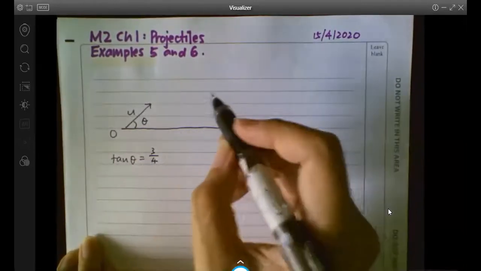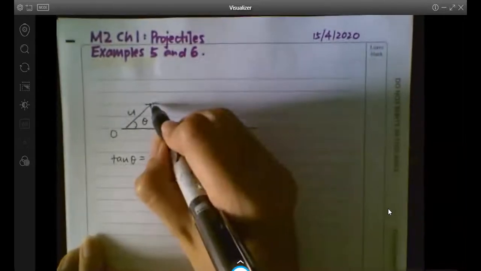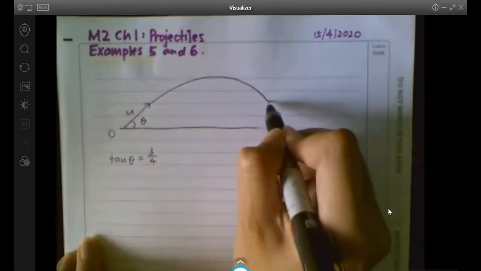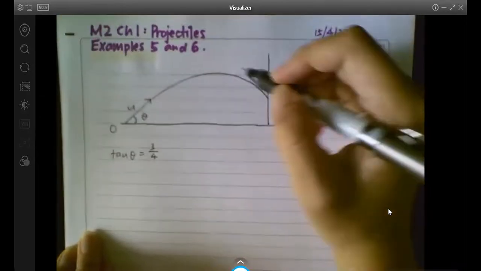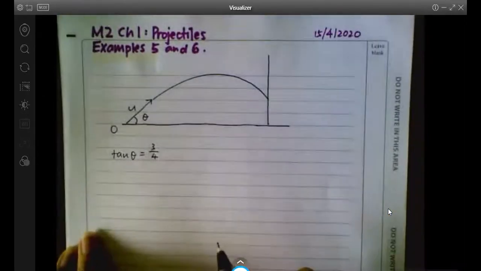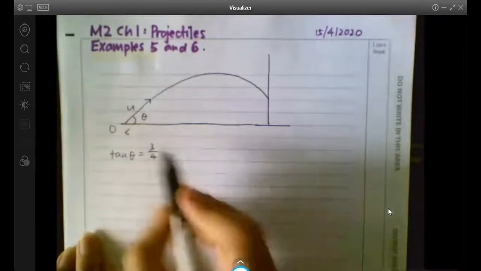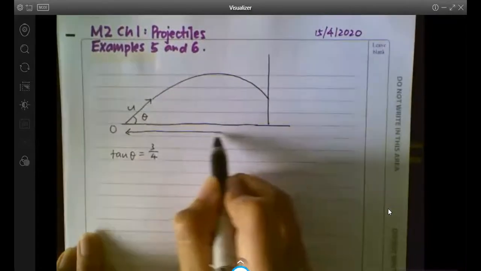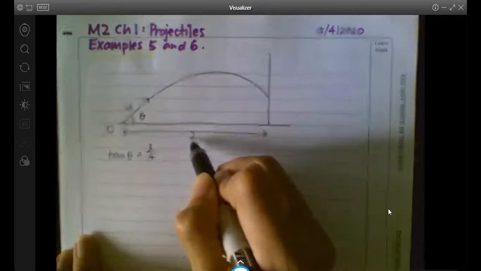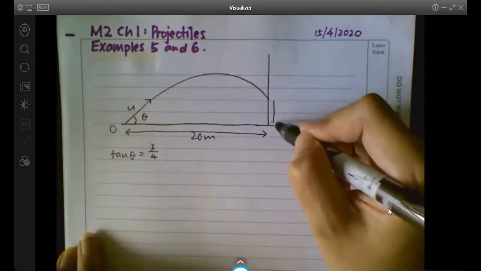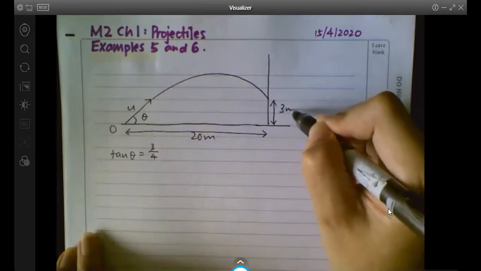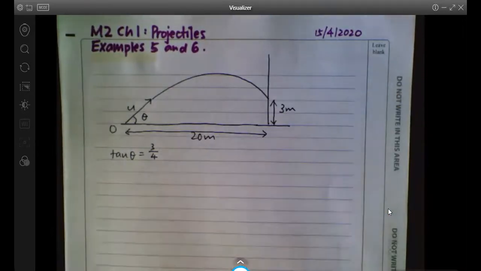The ball strikes a vertical wall which is 20 meters from O and 3 meters above the ground. So this is how the picture looks.